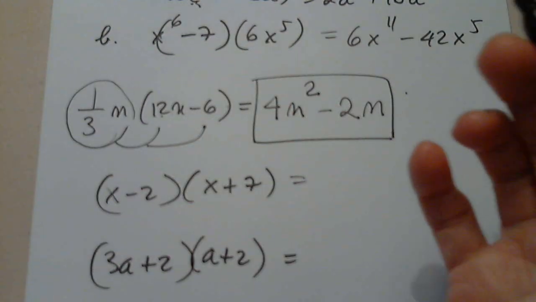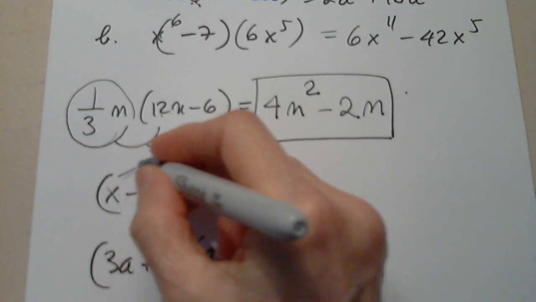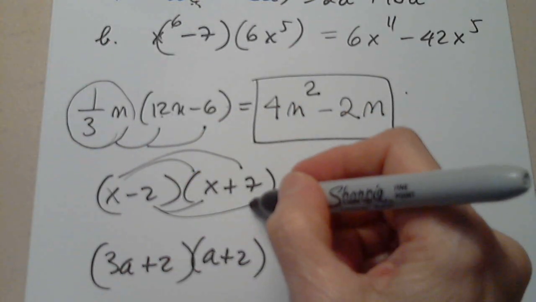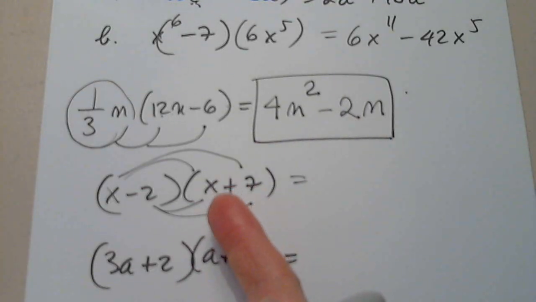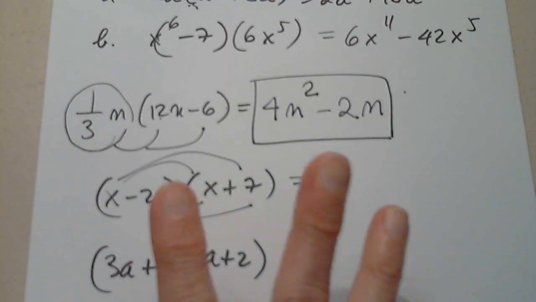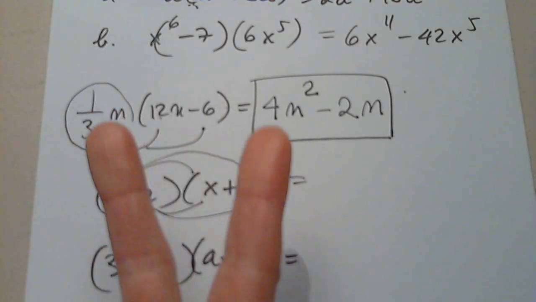It's also called FOIL, whatever. So you distribute the first term to both, and you distribute the second term to both. Or the other way around. You distribute x to both, and then 7 to both. It doesn't matter. Why? Because a times b is b times a.